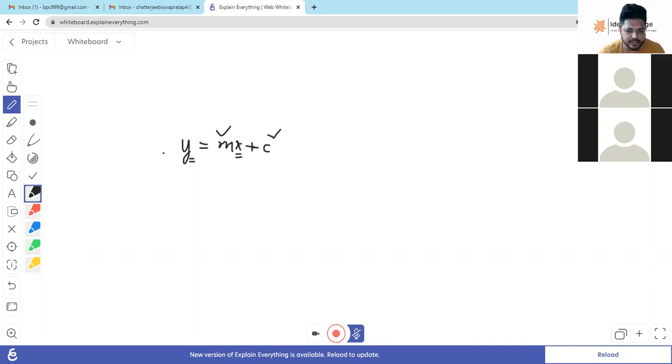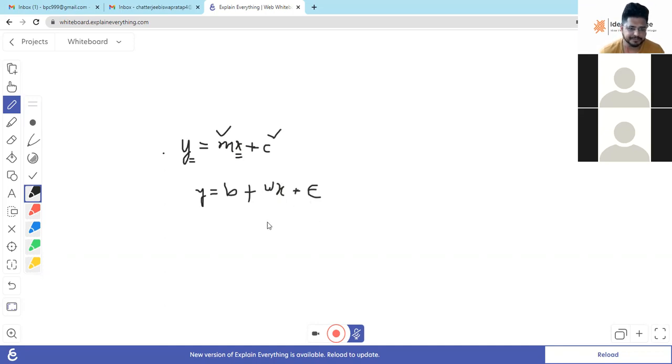So the general equation will be a little modified here: y is equal to b plus wx plus epsilon. This equation is very similar to the earlier one, but I have added an extra term, epsilon. What is that?